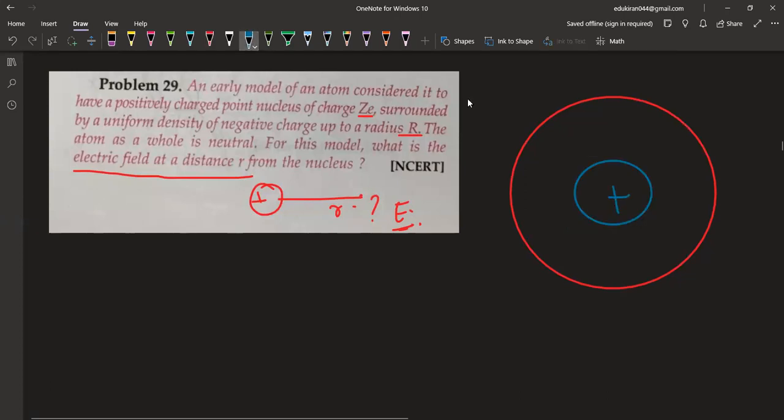Let's say this is the nucleus. It means all this will be the negative charges. This is what it is saying, right?